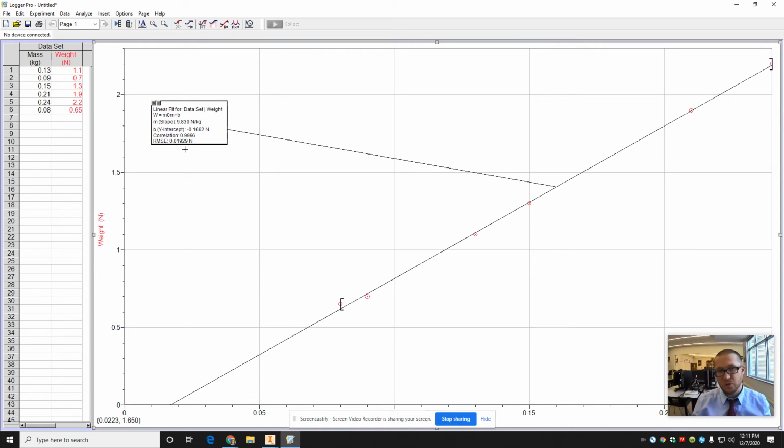So that's what the slope of this line is. The slope of this line is the gravitational field strength at Earth's surface. And we give it a name. We give it a variable. You've probably seen it before. Lowercase g is the gravitational field strength at Earth's surface.